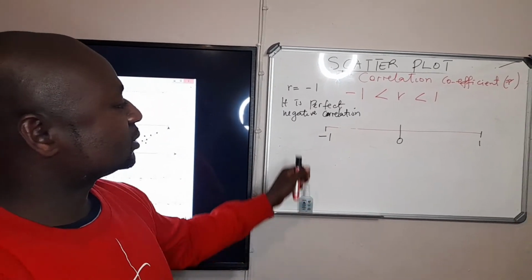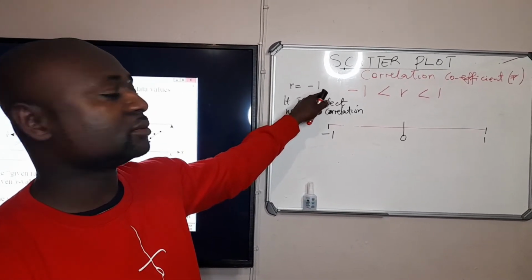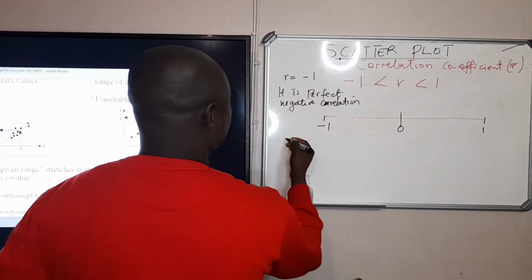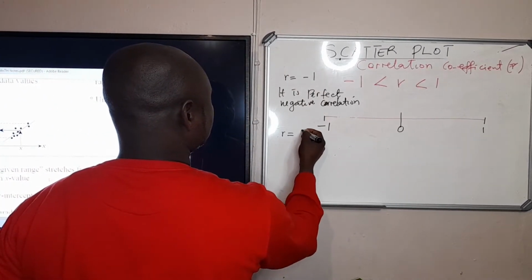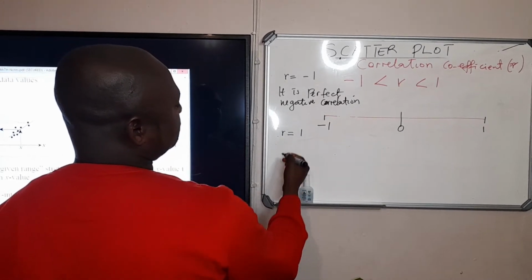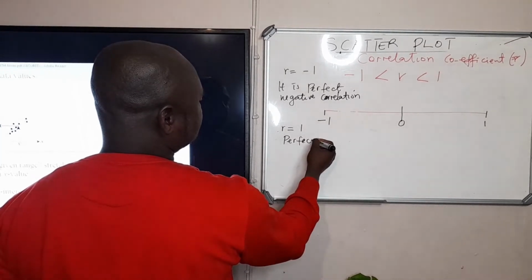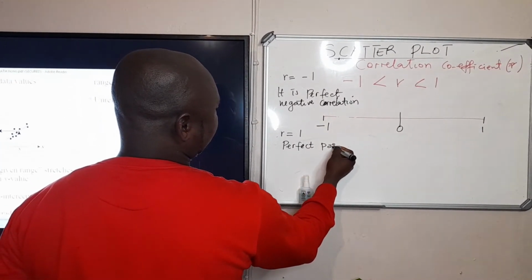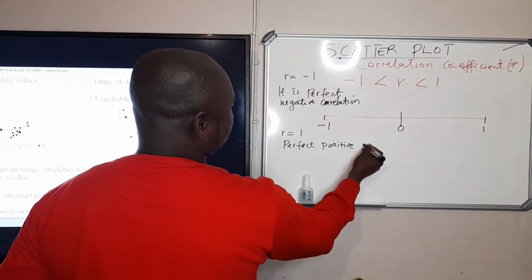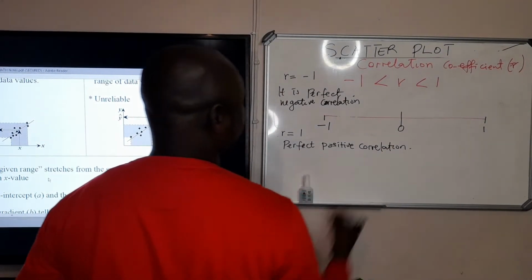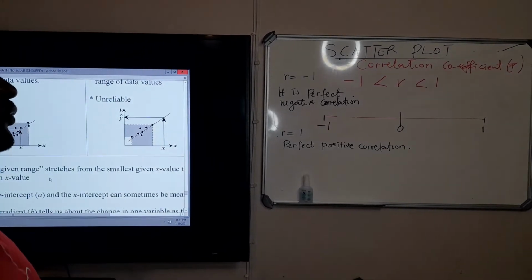That is R is equal to negative 1. When your R is positive 1, you say the same thing, R is equal to 1. You also give a reason. The reason is perfect positive correlation. This is how you write perfect positive correlation.